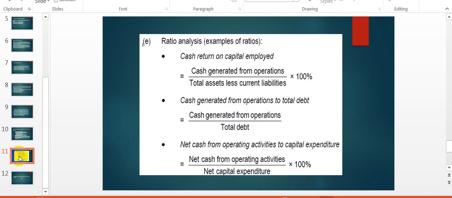The third one, net cash from operating activities to capital expenditure. Net cash from operating activities to capital expenditure.